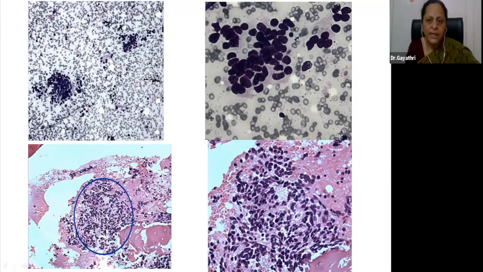So, especially in a child, when you see these clusters of monomorphic cells, which on low magnification could be considered as lymphocytes, but they have a tendency to cling to each other, to come together and stay together. They are so close together actually that there is nuclear molding.